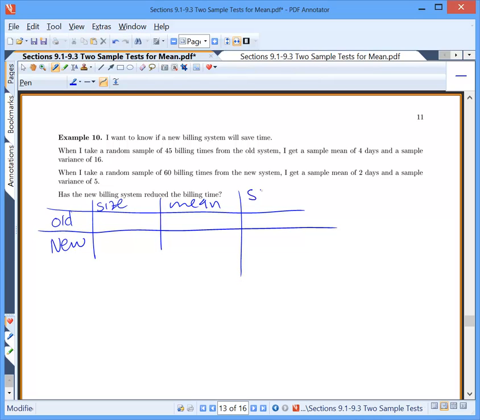Sample variance. So for an old system, we took a random sample of 45 billing times. The mean is 4, sample variance of 16. For a random sample of 60 billing times for the new system, my mean is 2, my sample variance is 5.